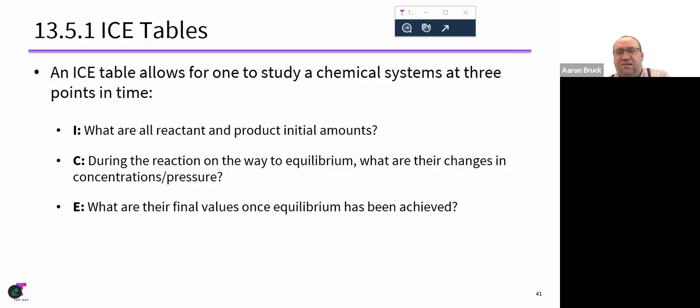But what an ICE table does is it's basically an organizer. And in that organizer, we are tracking what are the initial concentrations of each species in the reaction. How do those reaction species change over time? And what are they going to be at equilibrium?